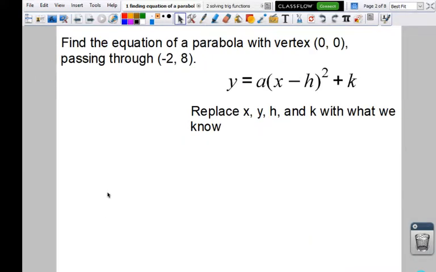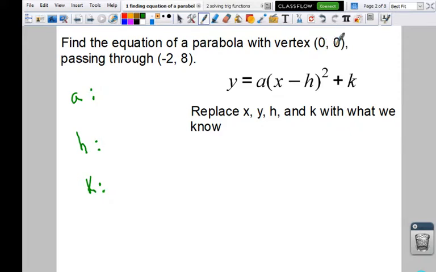What we're going to do is find the equation of a parabola with a vertex at (0, 0), and it passes through the point (-2, 8). In order to make my equation, I need a, I need h, and I need k. h and k are the easy ones, because h is the x in our vertex, and we're given our vertex right here.